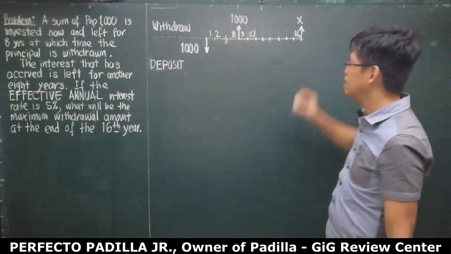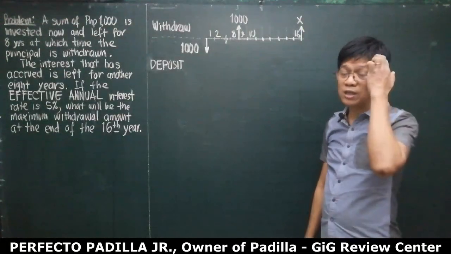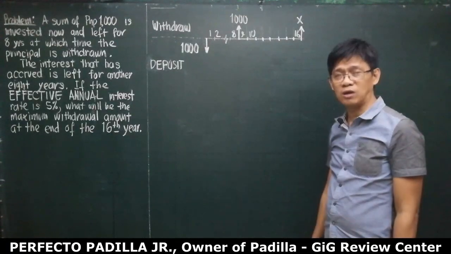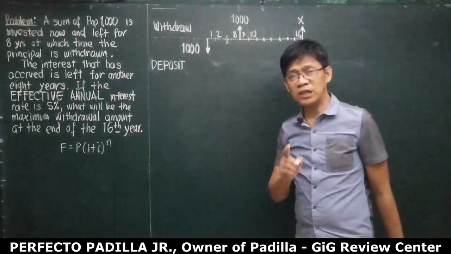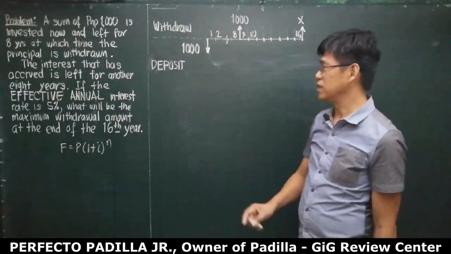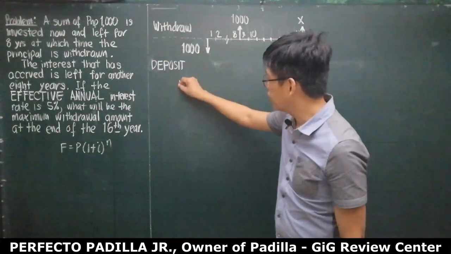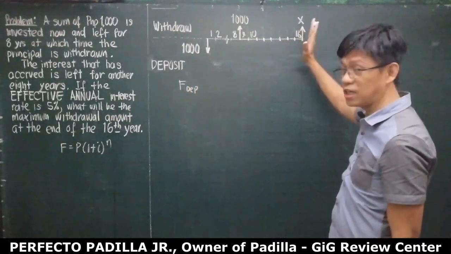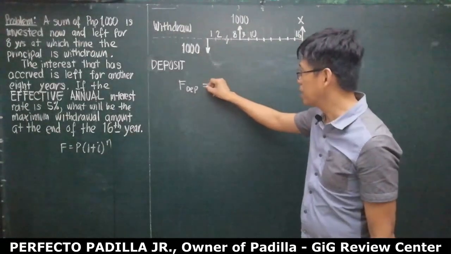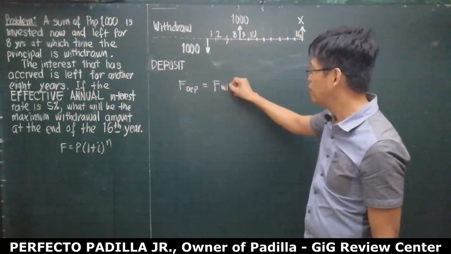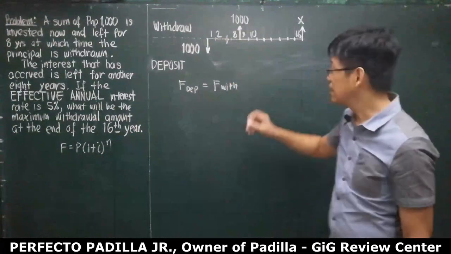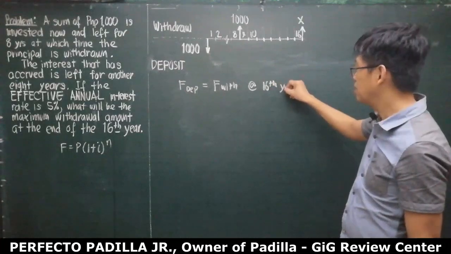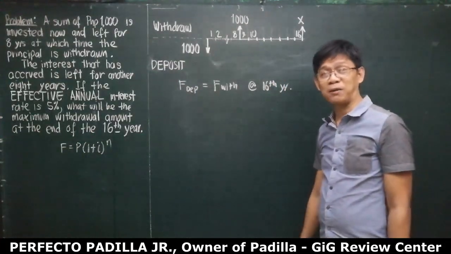Tawagin nating X. There are many ways to solve this, pero my favorite is the theory of equivalence. Yung tinatawag kong future equivalence, ito. The future of deposit, at the end of the 16th year, equals the future of withdrawal. Both at the end of the 16th year. Okay? So, hindi pwedeng magkaiba, ha?